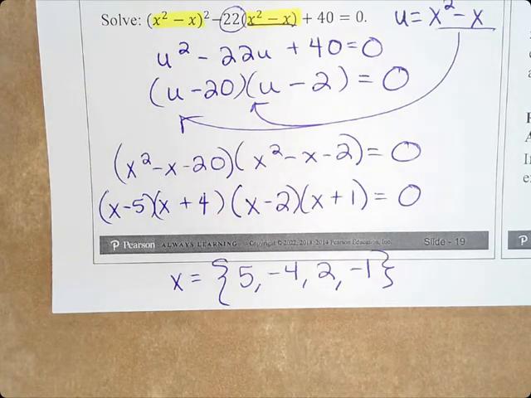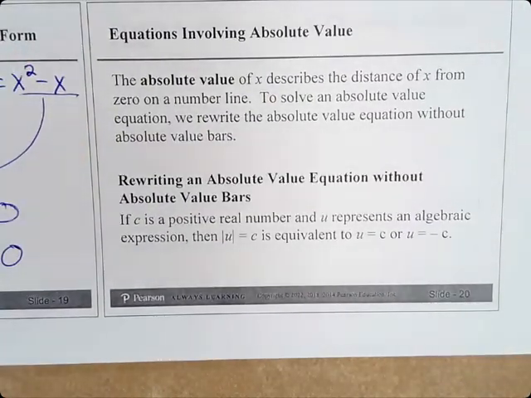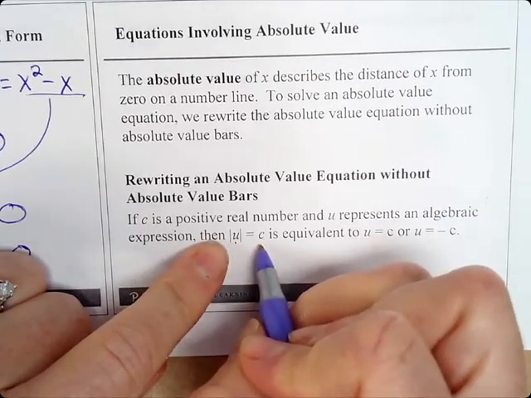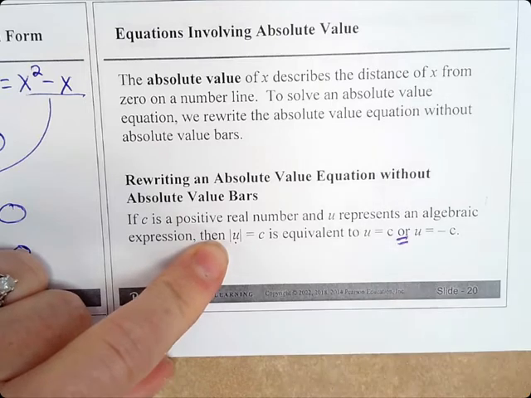All right, the last equations we're going to solve deal with absolute value. The absolute value of x describes the distance of x from 0 on a number line. To solve an absolute value equation, we rewrite it without the absolute value bars. The absolute value of u equals c is equivalent to u equals c or u equals negative c.